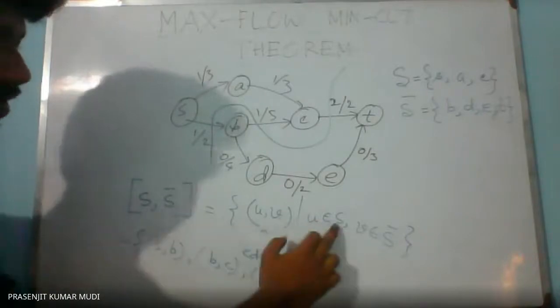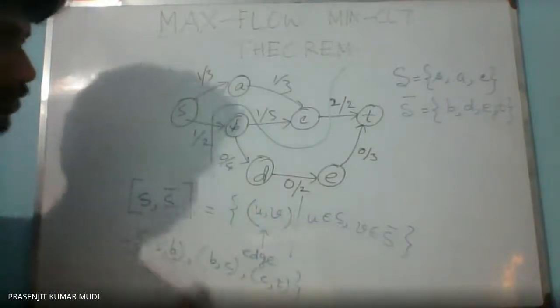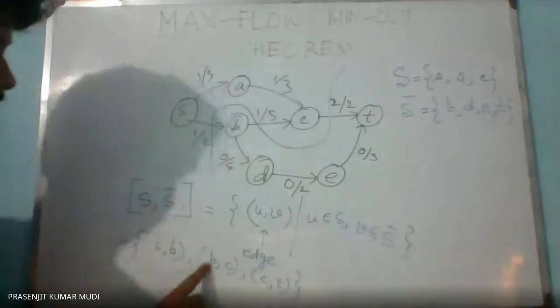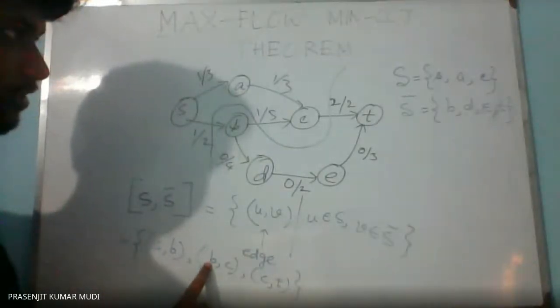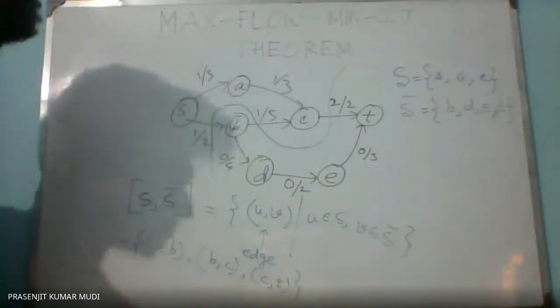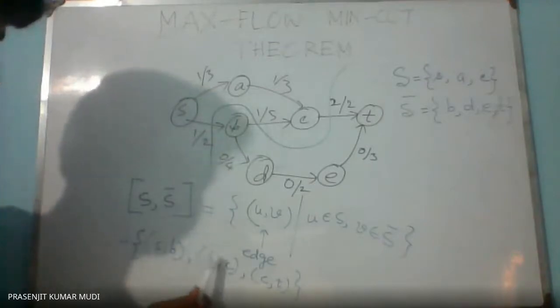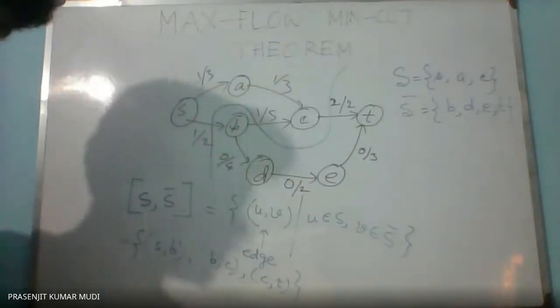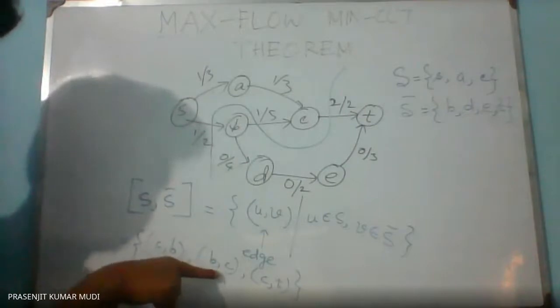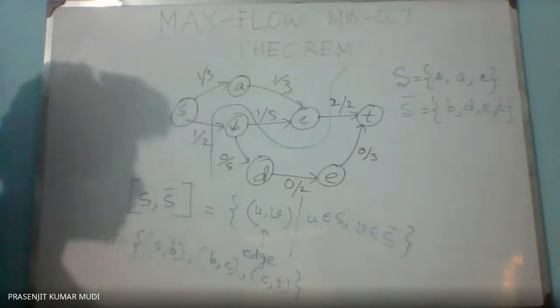S belongs to capital S, B belongs to S bar, B belongs to, so there is a problem. It is creating a problem, isn't it? It has to be an ordered pair.